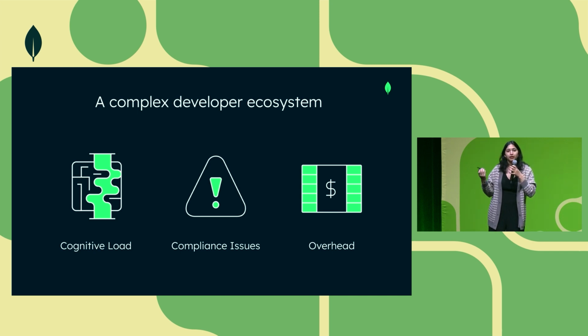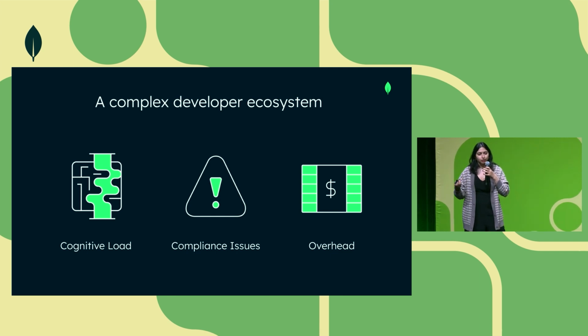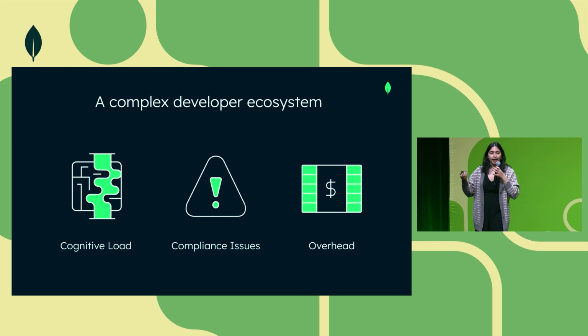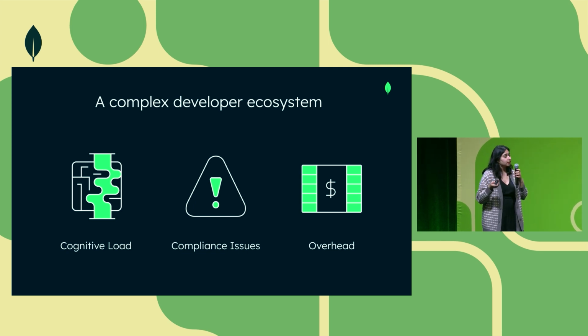It's just the amount of thinking and processing that is required in order to do a task. And so, of course, with this cognitive load increase, it slowed down the productivity and ultimately the output in this developer team. With great power comes great responsibility, and it ended up being that these developers had way too much responsibility, which ended up creating a lot of compliance and security issues across the organization.